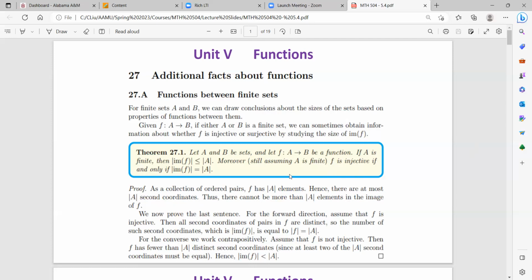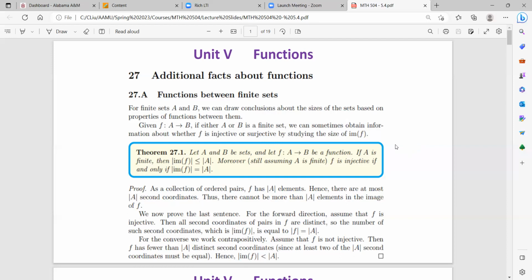And then we need to show that f is injective if and only if the image of f has the same size as the domain A. So we need to prove it in two directions because it's if and only if. Assume that f is injective, then we need to show that the size of the image of the function is the same as the size of the domain of the function. You know f is injective, that means all second coordinates of pairs in f are distinct, right?